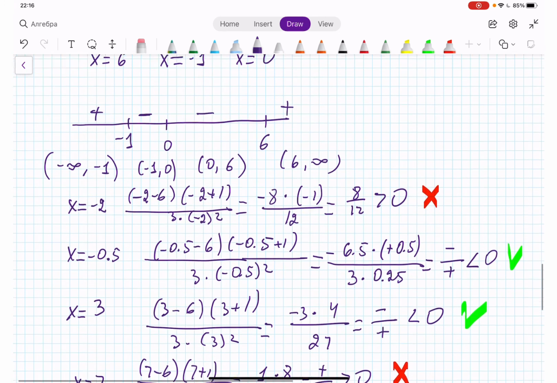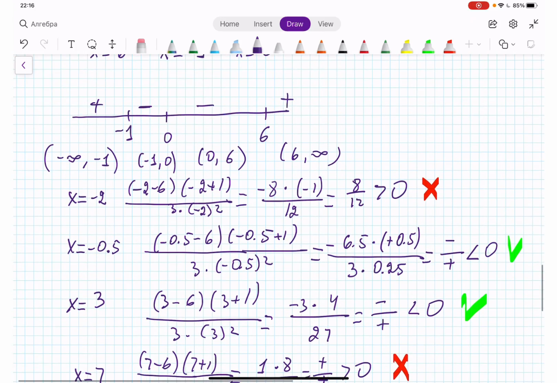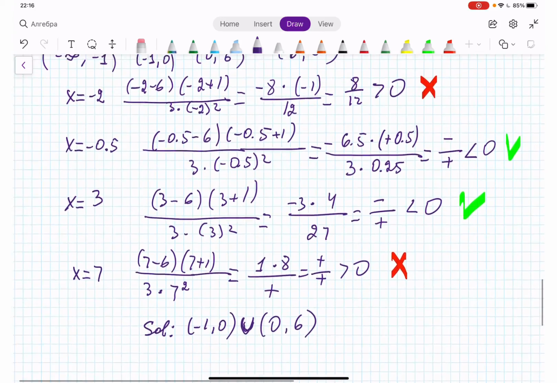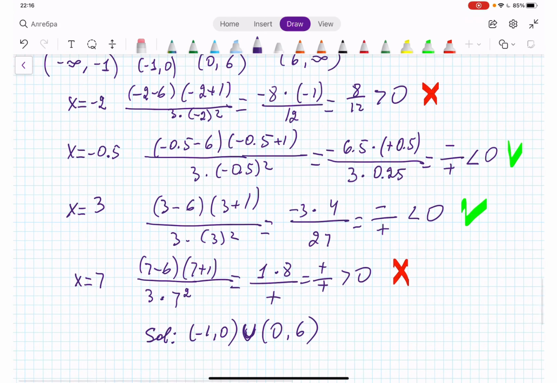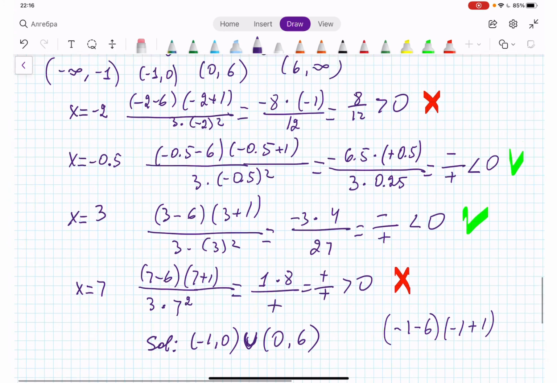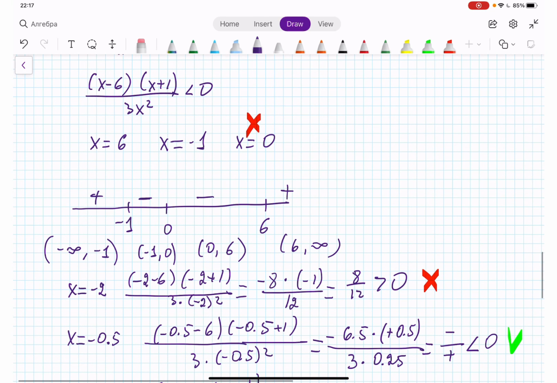And let's check negative 1 itself. If I take negative 1, so what's going to happen? Negative 1 minus 6, and then negative 1 plus 1. Okay, it's going to get 0. That's it. Negative 1 also cannot satisfy here, right? Because there is no equal sign.